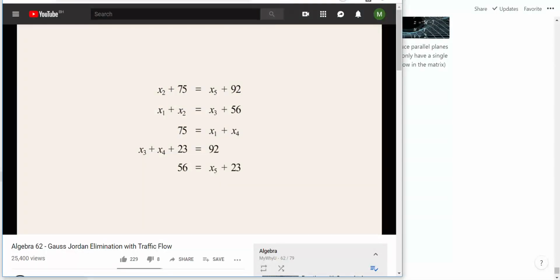The first step is to simplify the equations, moving all the variables in each equation to the left side and combining all the constants on the right.